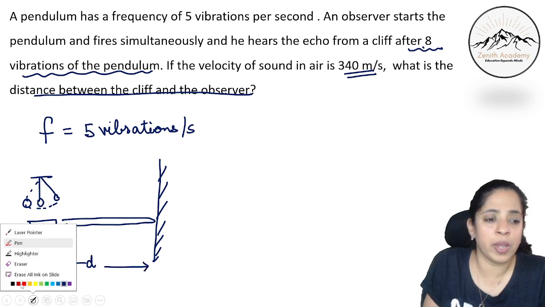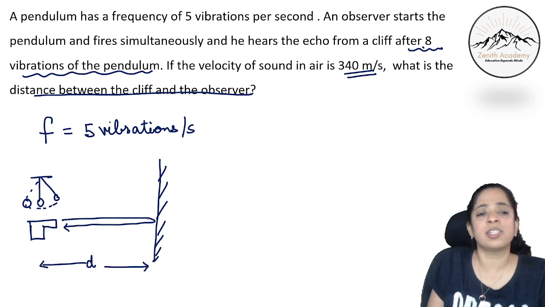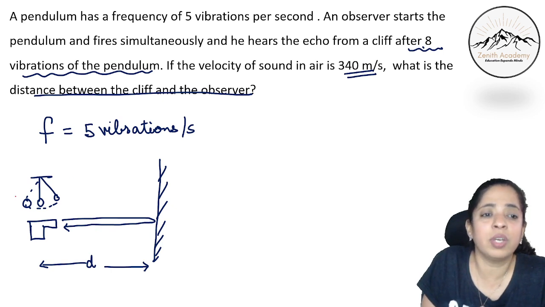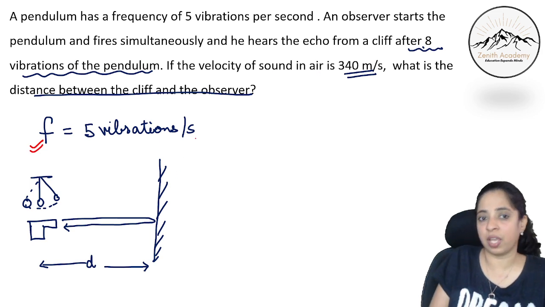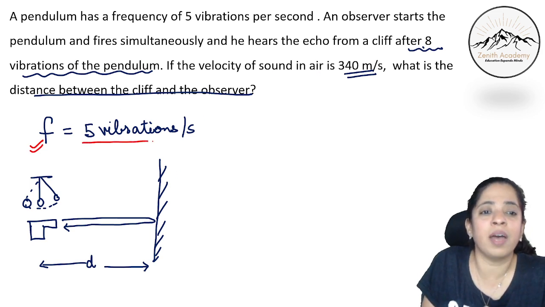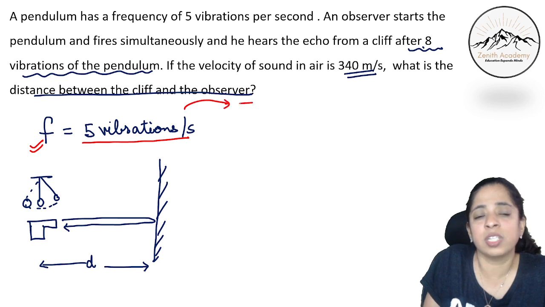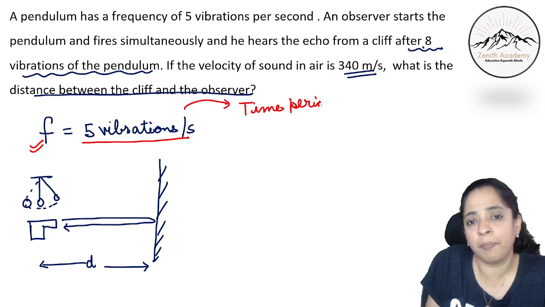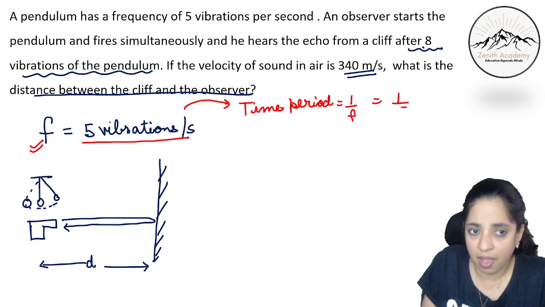Have you understood the question perfectly? Instead of time, they have given you vibrations, and after 8 vibrations we are hearing the echo. If there are 5 vibrations per second, then what is the time period? Time period is 1 by frequency, so it is 1 by 5.